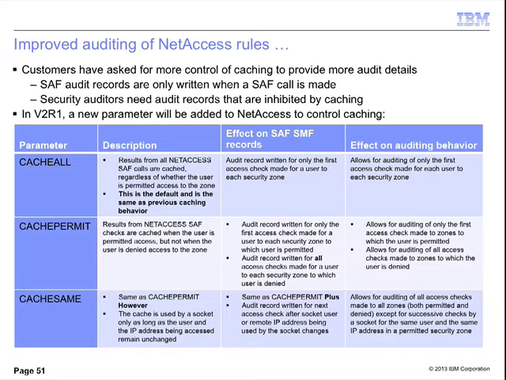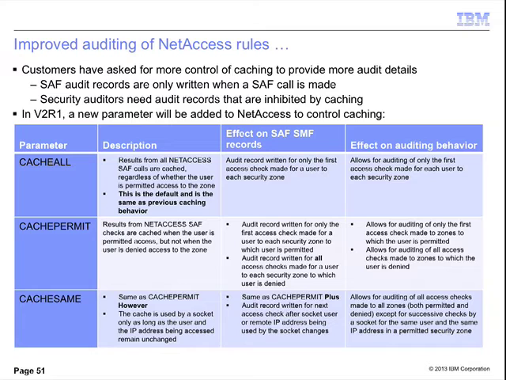Cache permit is the next level down, and this says we're going to cache the call to RACF for permitted access, but not when it's denied. And then cache same, the third one on this chart, is similar to cache permit but goes a step further. It says we're going to cache just like we would cache permit, but we will not use the cache on subsequent calls unless it's the same exact user to the same IP address.